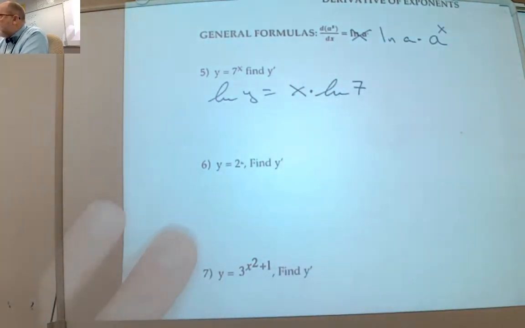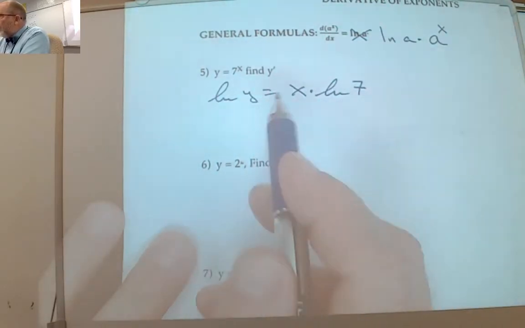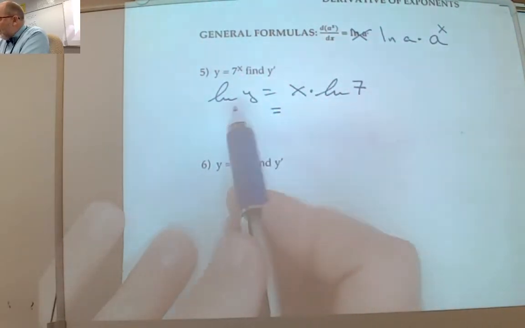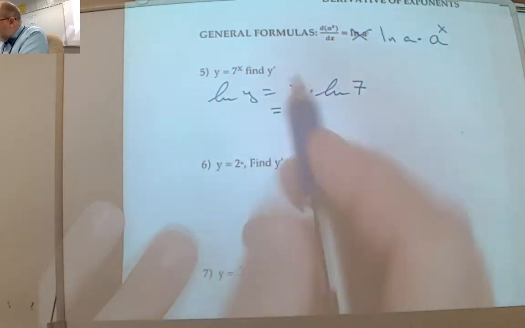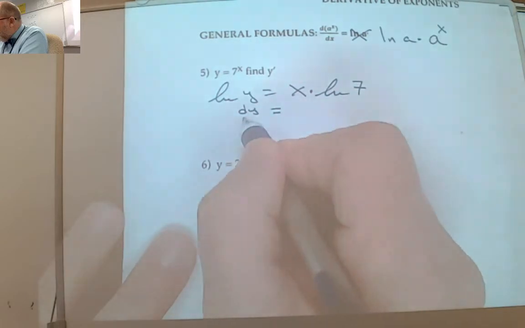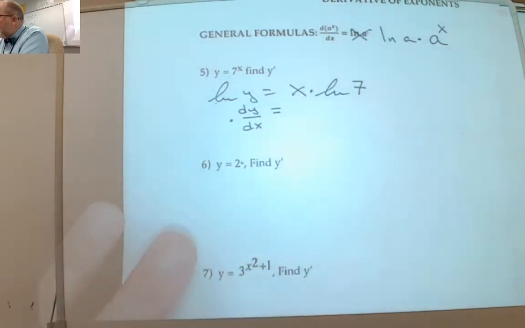Perfect. We're going to take the derivative, correct? You remember what the derivative of the natural log of y is? dy/dx. Yep, you got that part. Or y prime, correct? Times, what's the natural log say? I have to have a fraction, correct?